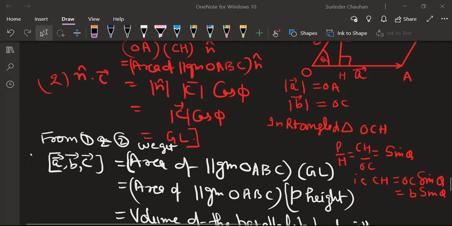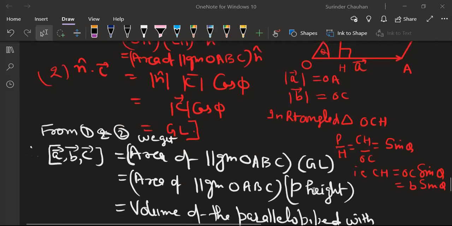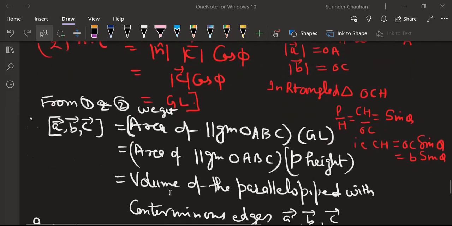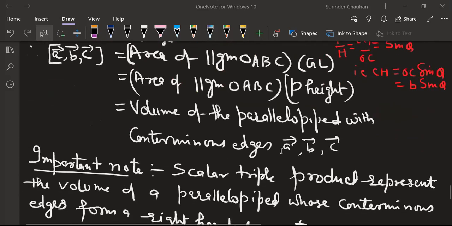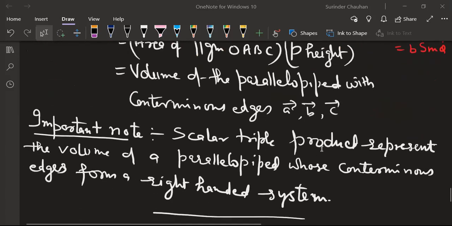So the area of the base parallelogram OABC into height P will give the volume of the parallelepiped with conterminous edges vector A, vector B, and vector C. An important note here is that the scalar triple product represents the volume of a parallelepiped whose conterminous edges form a right-handed system. Thank you.